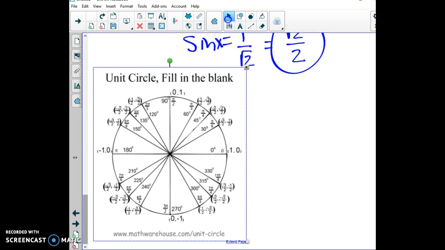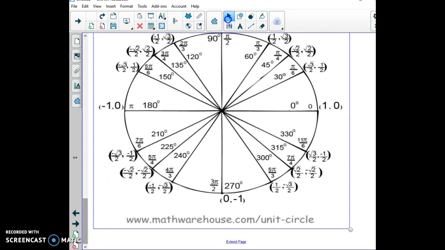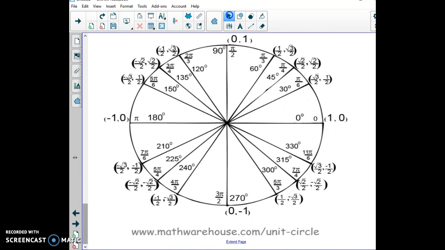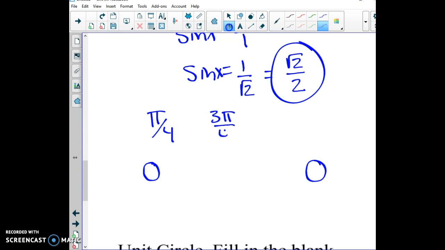We're looking for the sine of some angle, the y value, to be the square root of 2 over 2. And we can see that right here, the sine of pi over 4 is the square root of 2 over 2. And we can see that the sine of 3 pi over 4 is also the square root of 2 over 2. So we have pi over 4 and 3 pi over 4.